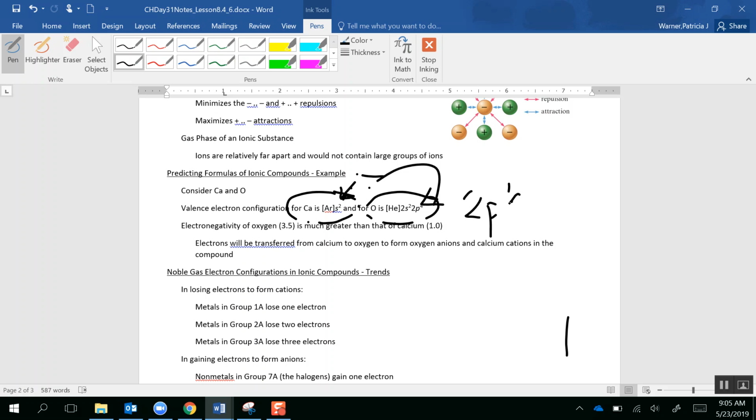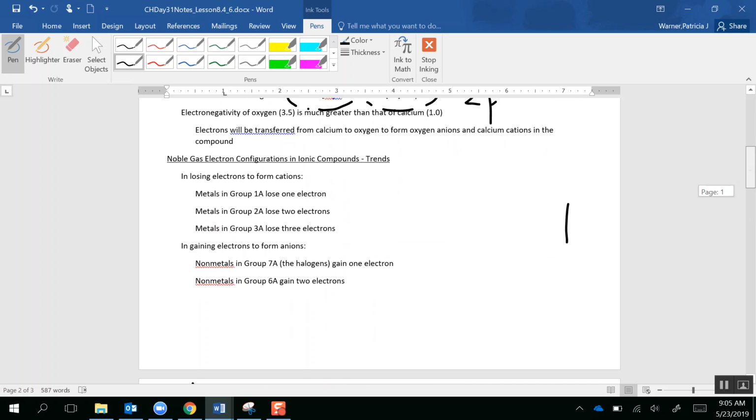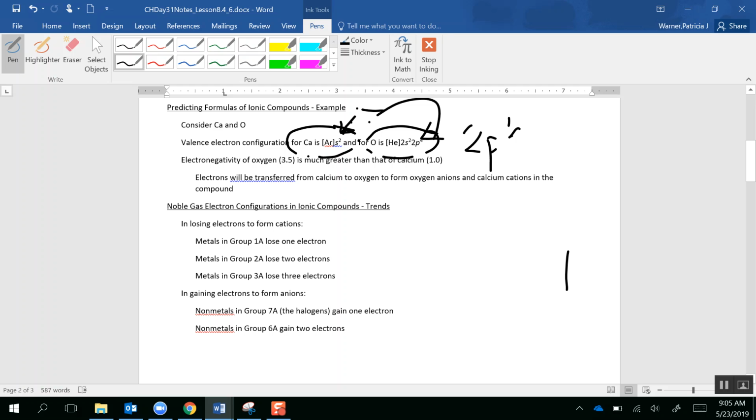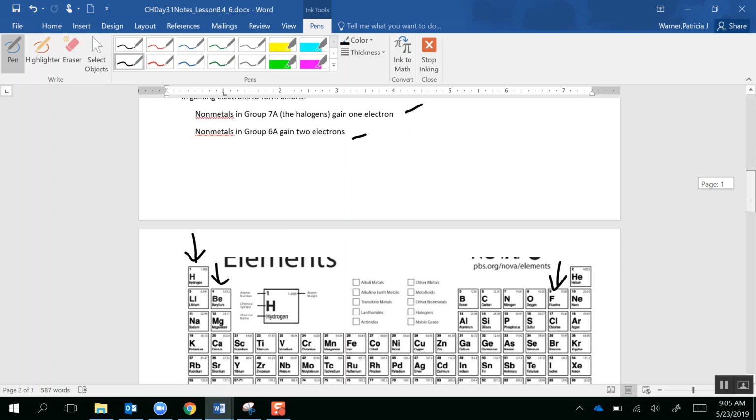It's like was said earlier when we learned about naming compounds and figuring out what the formulas for compounds would be. Metals in group 1 lose an electron, group 2 lose 2 electrons, group 3 lose 3, group 7 gains, group 6 also gains.